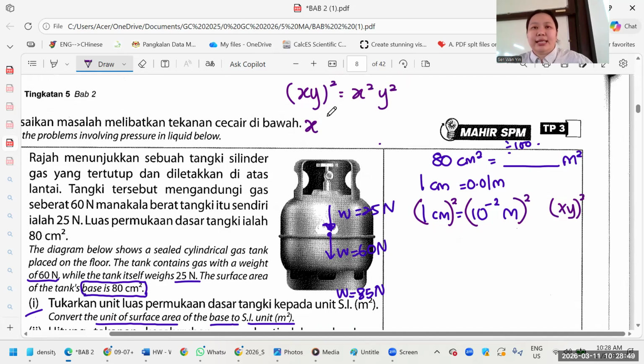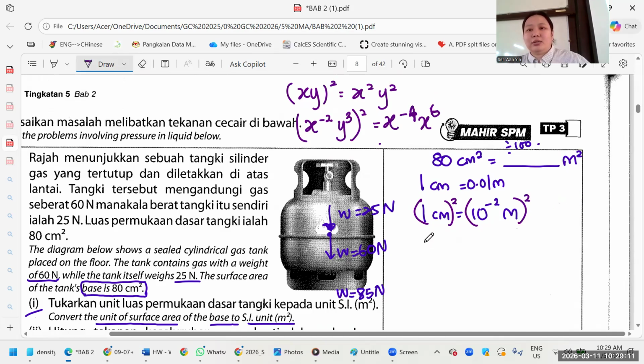If x negative 2, y powers of 3, squared, you will get 4 and 6. Agree?